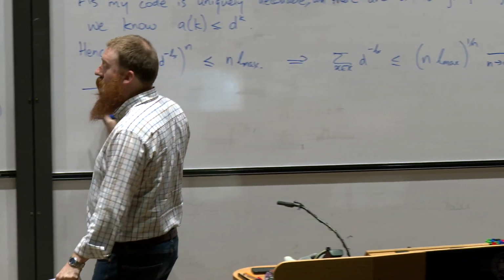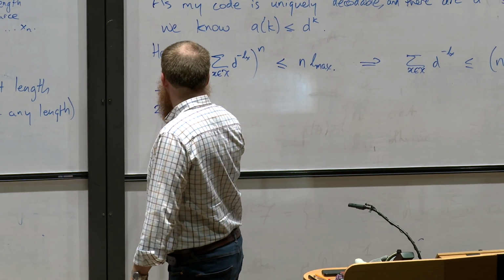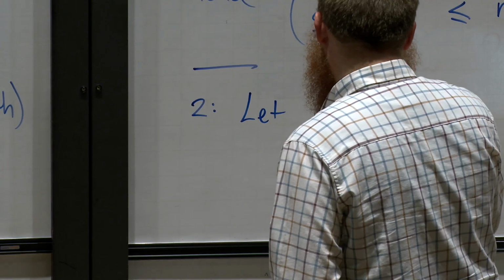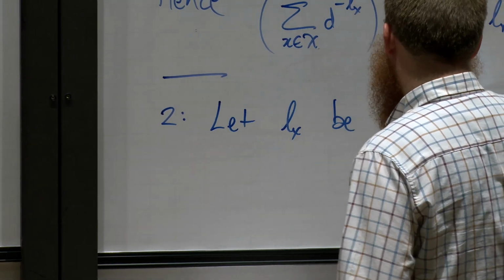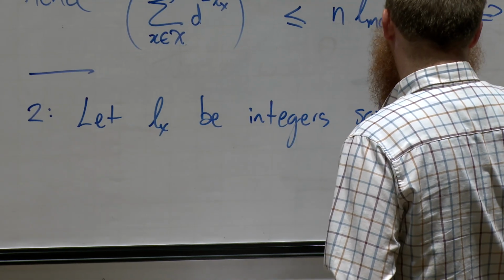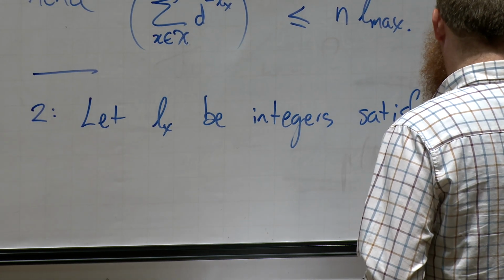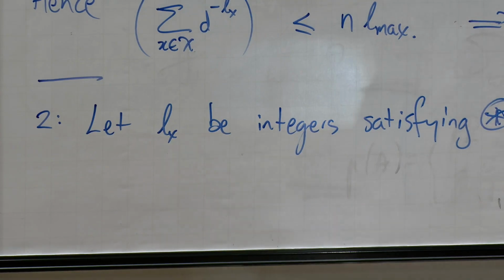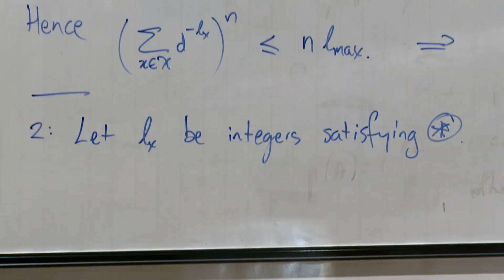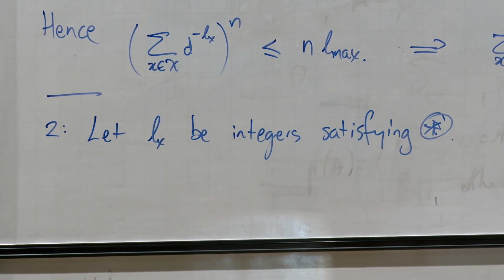Now we're going to show 2. So let l_x be integers satisfying star. I'm going to make my life a little bit easier by relabeling everything.